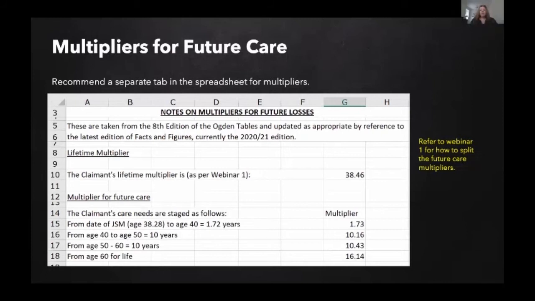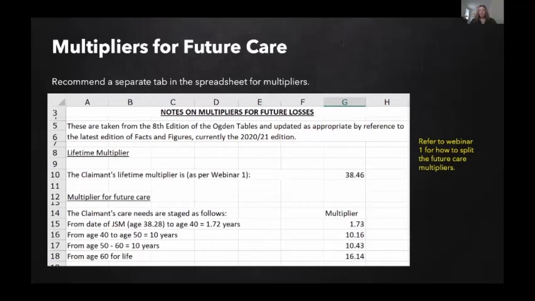Yes, like you said, this is the multipliers page, and you also have reminded everyone that Dan showed you the table 36 method for calculating Penny's lifetime multiplier in webinar 1. And he then showed you how to split her multipliers for periods of care.